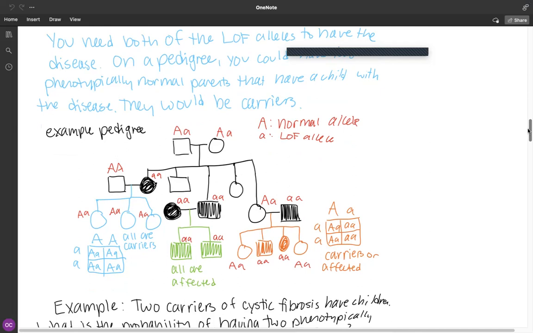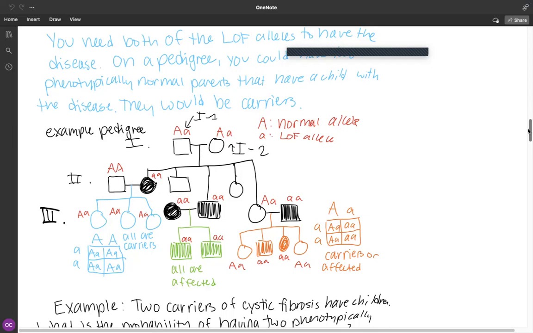So again, the parents 1-1 and 1-2, they have to be both carriers, because you'll notice individual, and I'll write this in for you. So this person is 1-1, and then this person is 1-2.